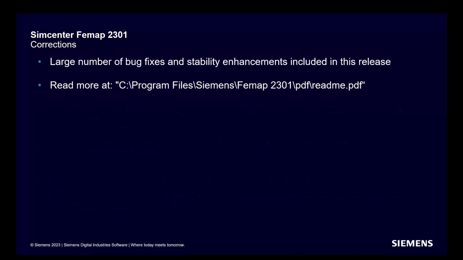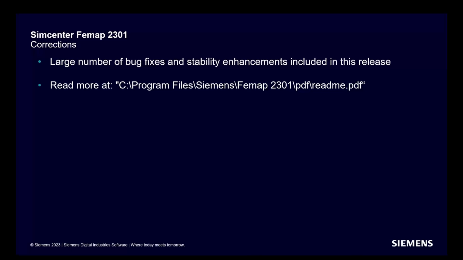And then the last thing that I want to note is that at least it seems to me like there are a lot of corrections that have been made in this version. So if you go into the Femap documentation and look at the README file, you can scroll through the different corrections that they've made. And I've noticed a couple of bugs that have been fixed. So that's really nice. And it seems like there are a lot of stability improvements.